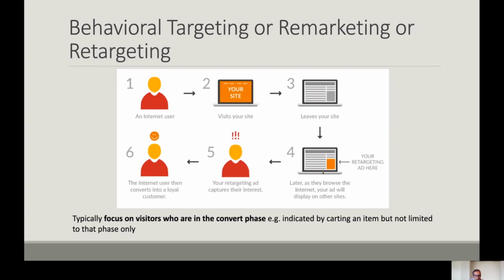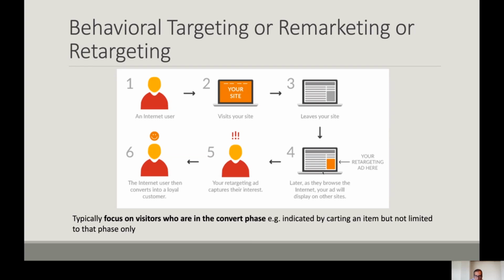So let's start with step number one. You see an internet user who visits a site, and assume that this is a site of a potential advertiser. And then step number three, they leave that particular site. And step number four, they browse other websites on the internet.